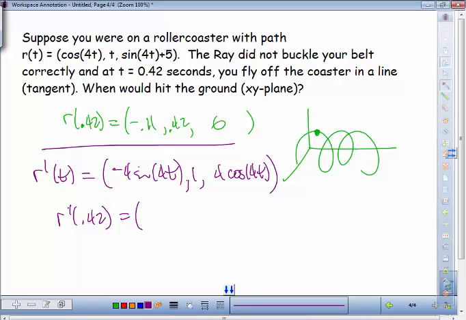Anything? Negative 3.9. Let's go with negative 3.9. And then the cosine.